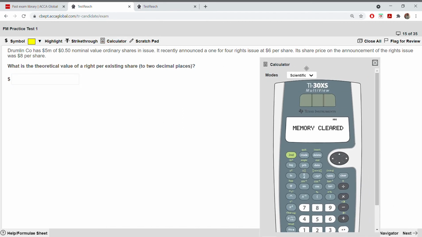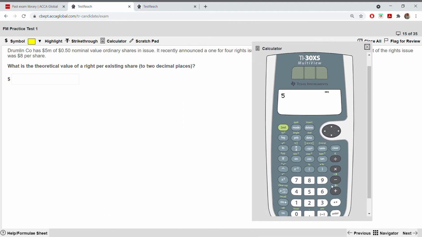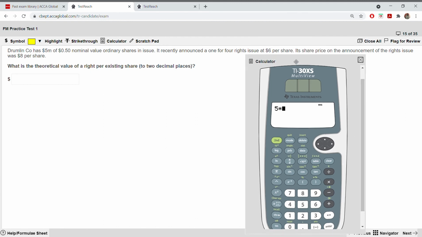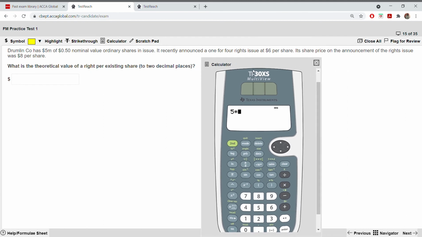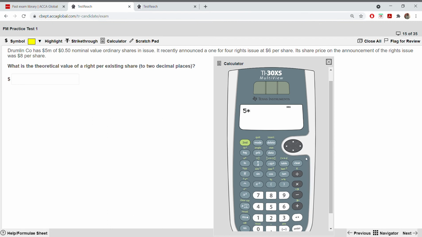You should know how to find the value of the right. So it is 5 million into the share price, 8.